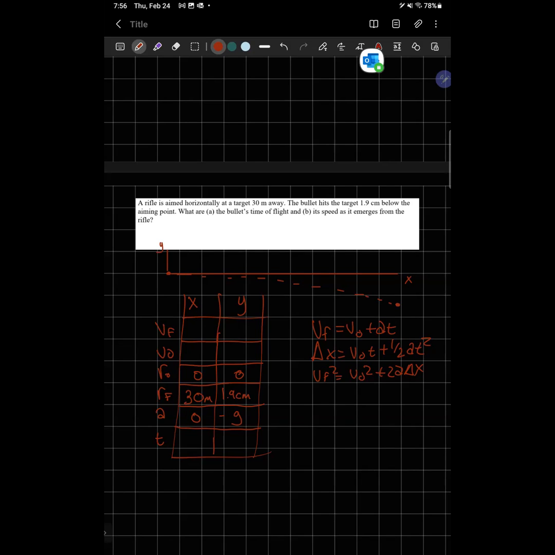I know obviously that this thing has to have an initial velocity. I just don't know what it is. But I do know one thing. This thing was aimed strictly in the horizontal. So whatever initial velocity I did have is going to be all in the X. So my initial velocity for Y is 0.